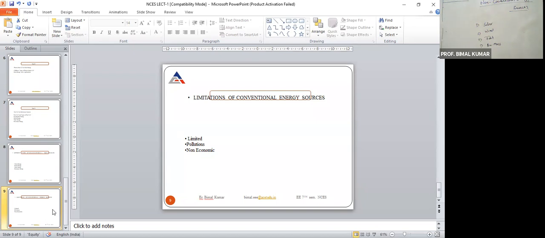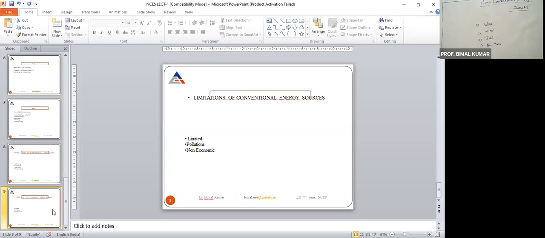Then after that, second limitation, that is very costly production cost. In case of the solar energy, production cost is very much small, right? Production cost is very much less in comparison with the conventional types of the energy sources.